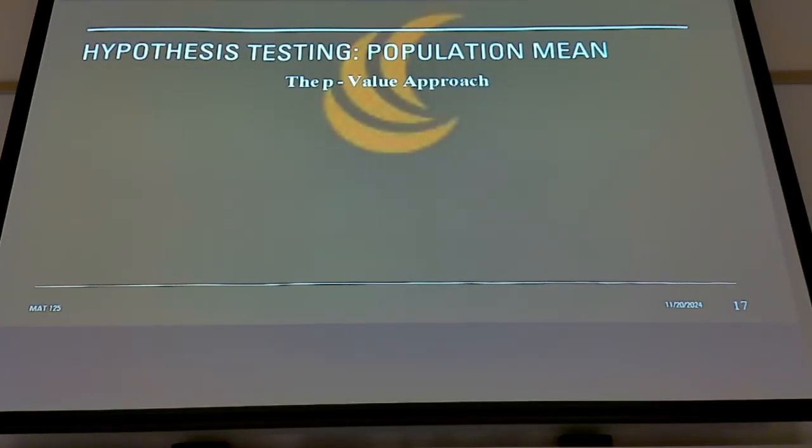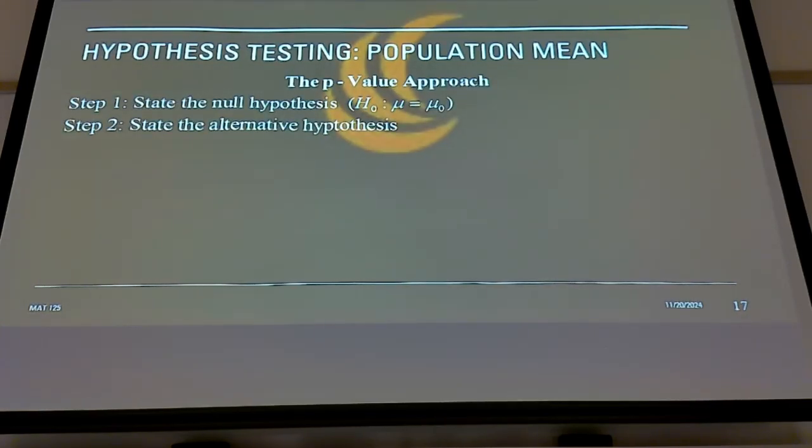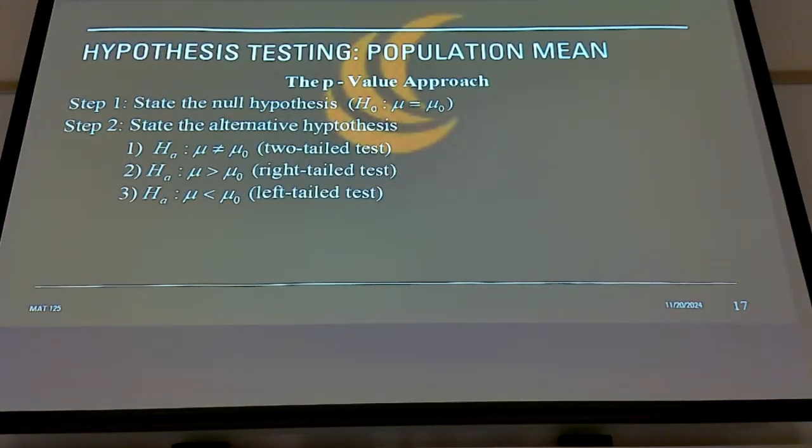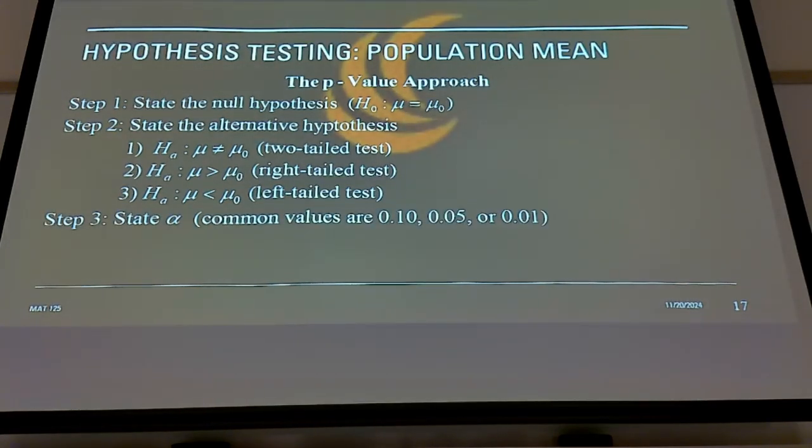So first 3 steps are the same. Still the introduction. State your null hypothesis. State your alternative. Right, 3 of them. Either two-tailed, right-tailed, or left-tailed. These steps are all the same. And state alpha.